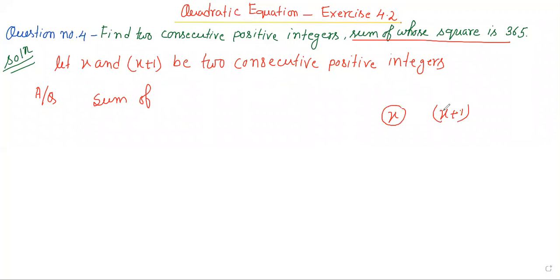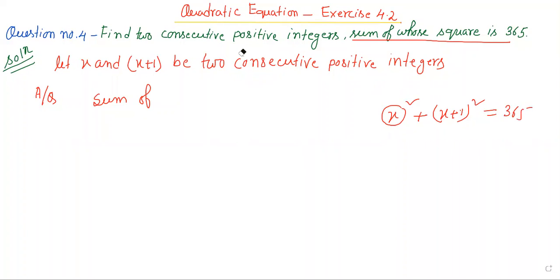So the sum of their squares is 365. Their squares are x square and x plus 1 whole square, and the sum of these is 365.